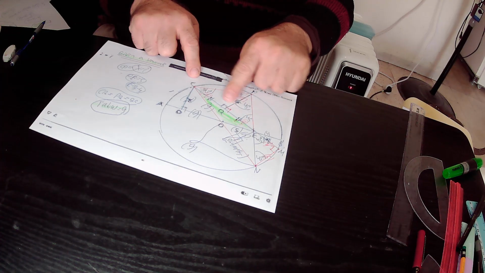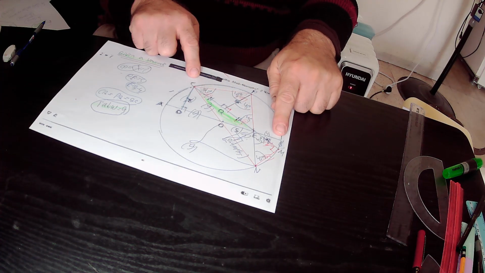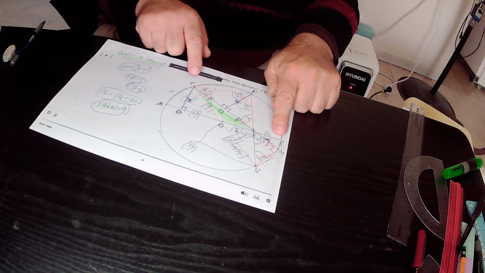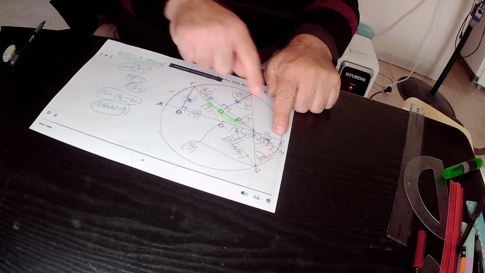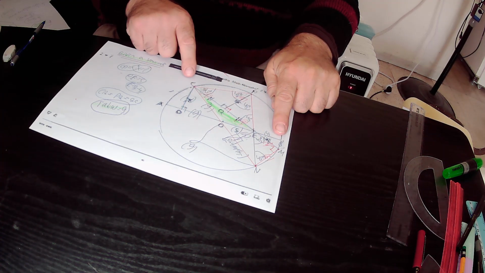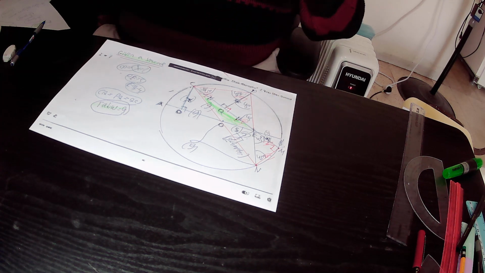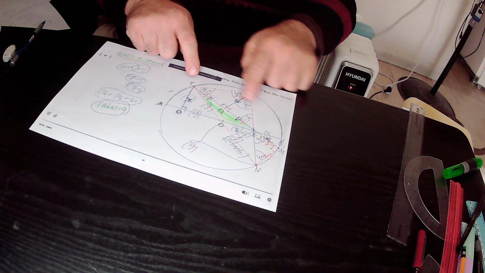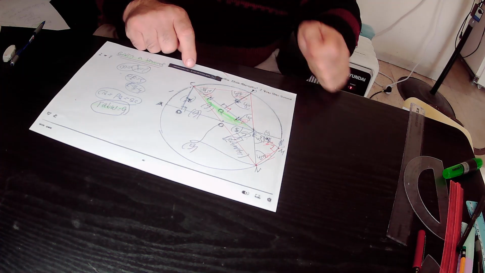The extended base CE is CM, and NM creates 90 degrees with the extended base, that is CM. Therefore, MN is the height to the extended base CM. So the base of this big triangle CEN is CE, and the height to the base is MN, divided by 2.